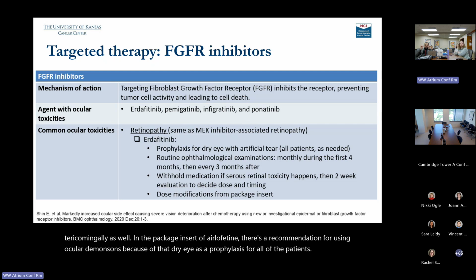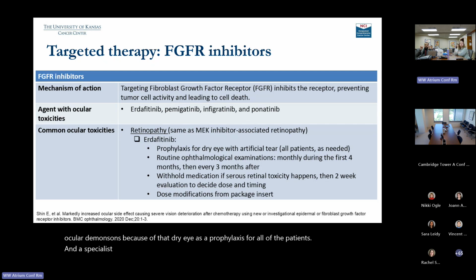And a specialist examination needs to be done monthly in the first 4 months. After those 4 months, we can do the examination every 3 months.